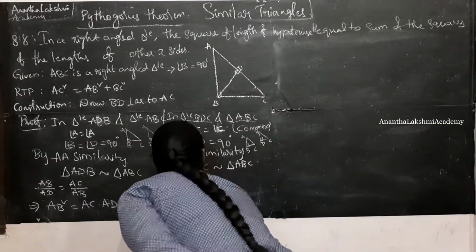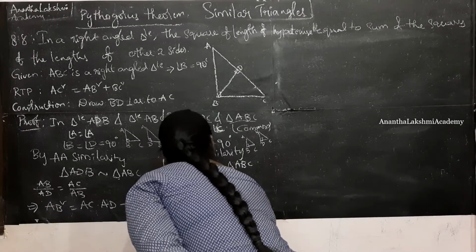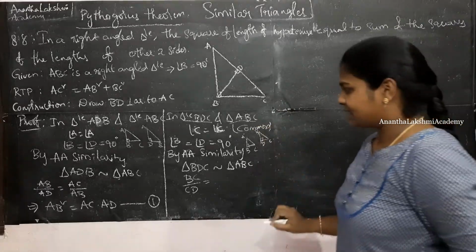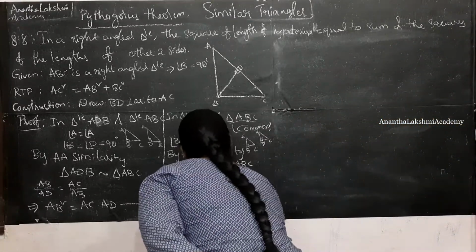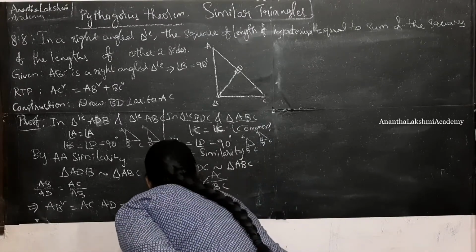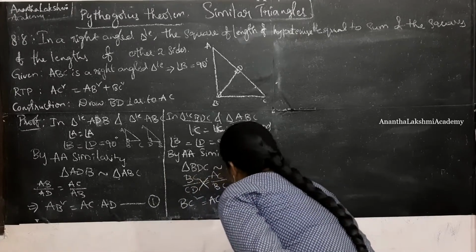So here I am going to write BC by CD is equal to AC by BC. From here, if you do the cross multiplication, that becomes BC square is equal to AC into CD.